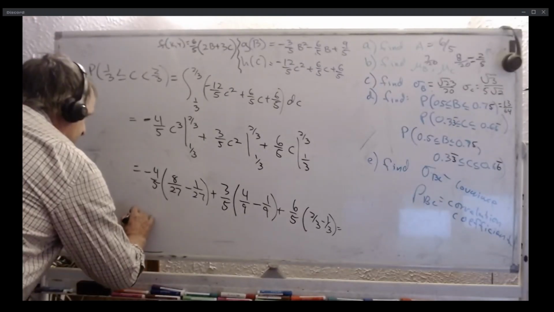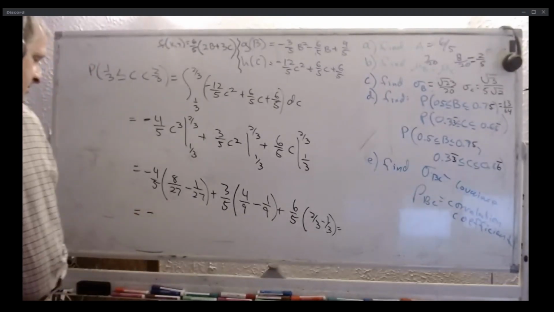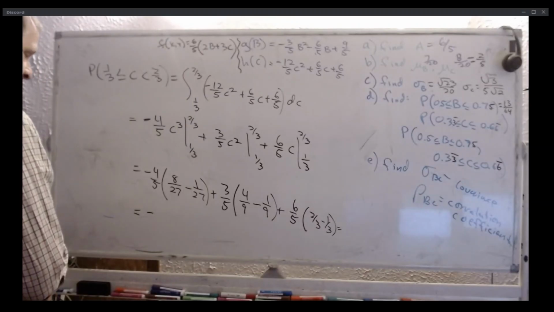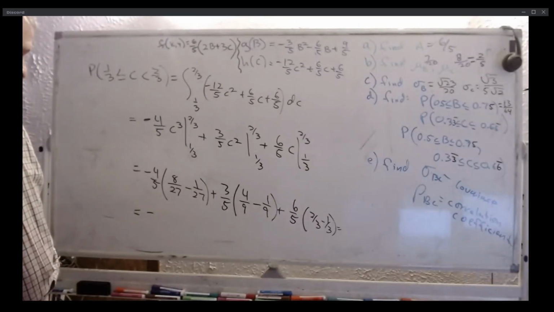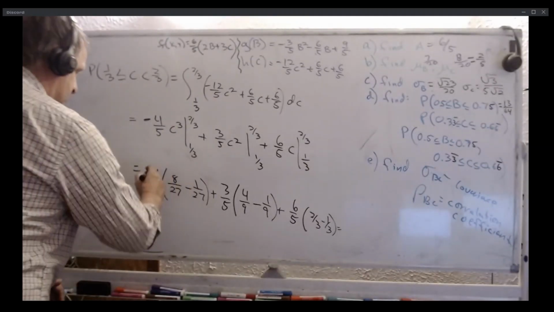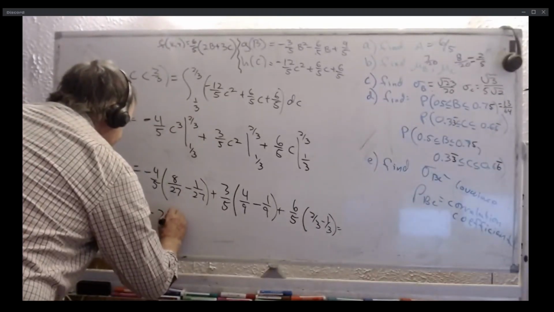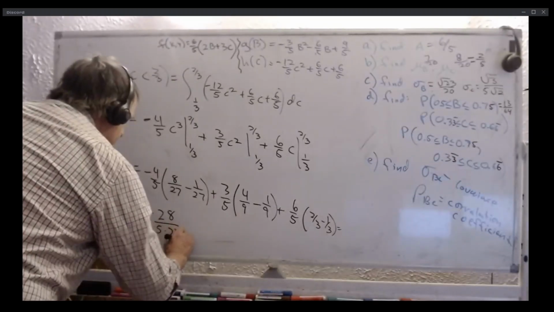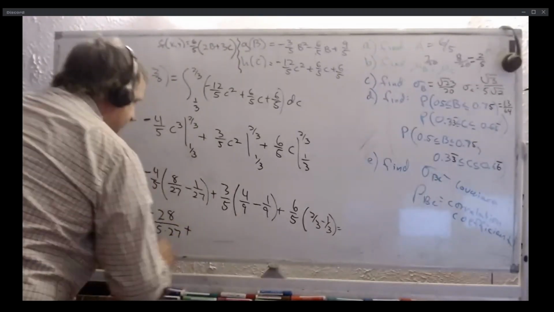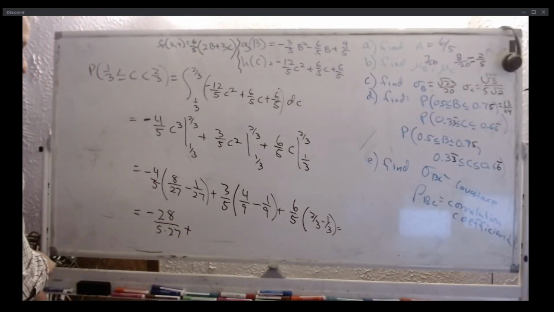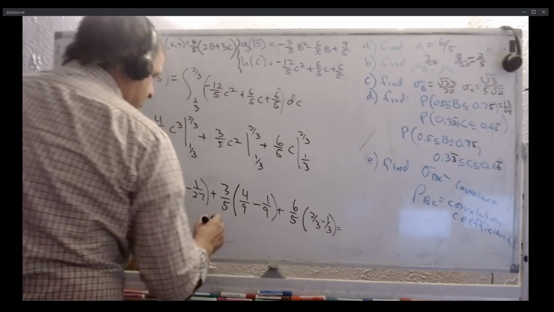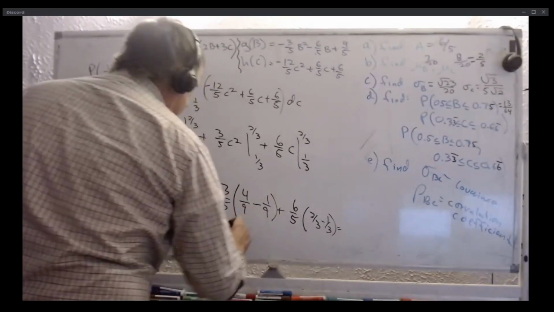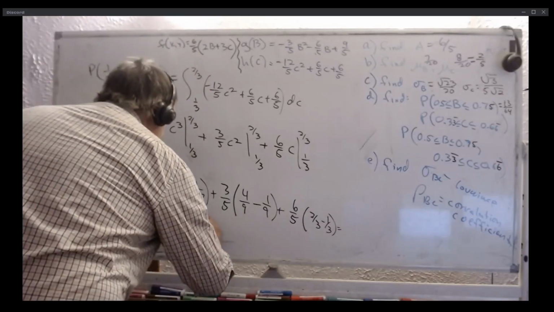So I get negative 4 times 7/28 out of 5 times 27, plus, this is going to go to 1/3, so it's going to be 1/5.